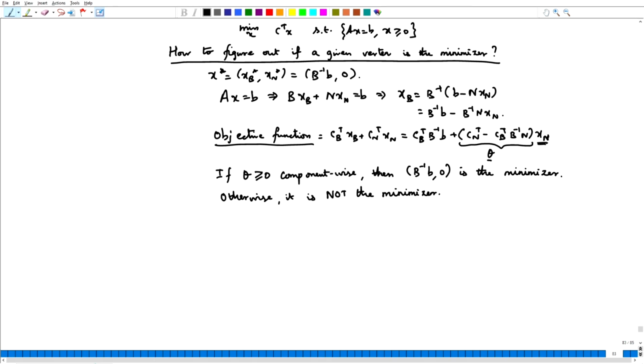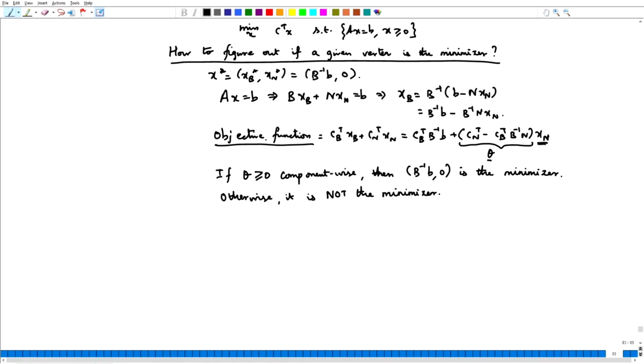So, if theta is greater than or equal to 0 component wise, there is no need to increase the value of xn, and you have actually attained the minimum. I mean the value of the objective function is minimized just by choosing xn equal to 0, right.